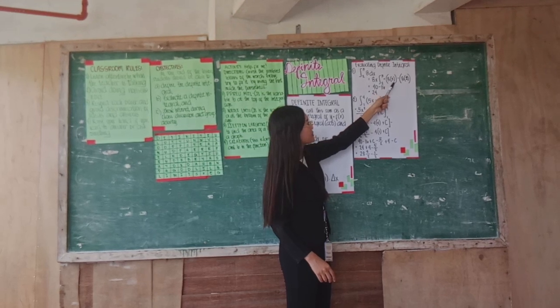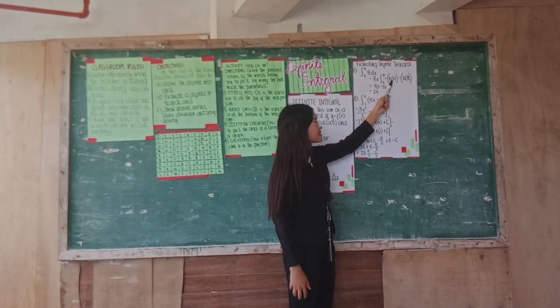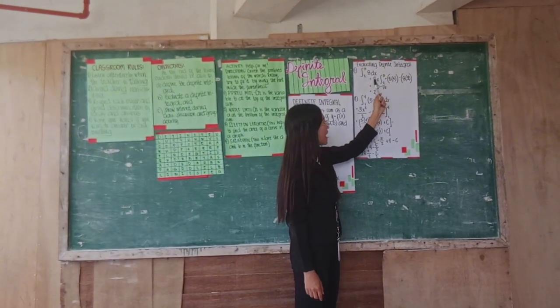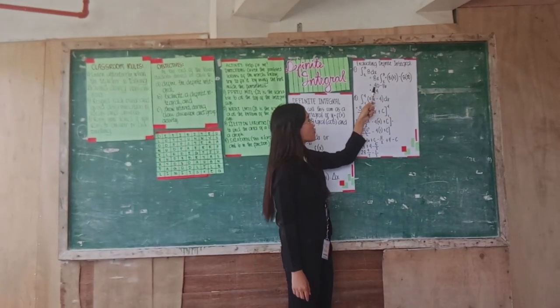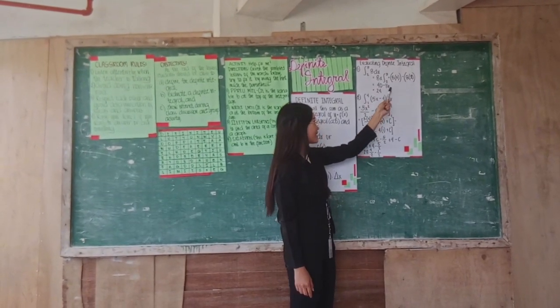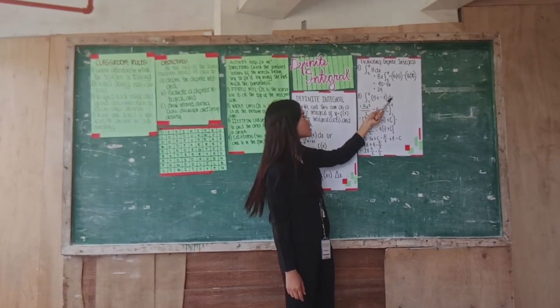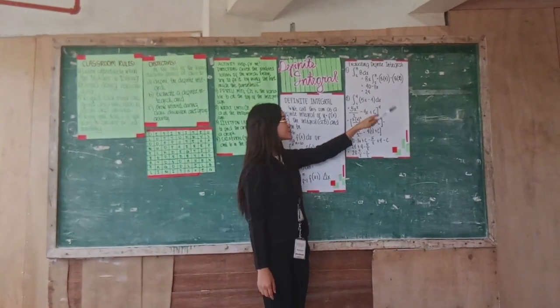Okay, let's replace the x with the 5. So 8 times 5 minus 8 times 2. So 8 times 5 we have 40, minus 8 times 2 we have 16. Now let's perform the arithmetic, which is minus. So 40 minus 16 we have 24.